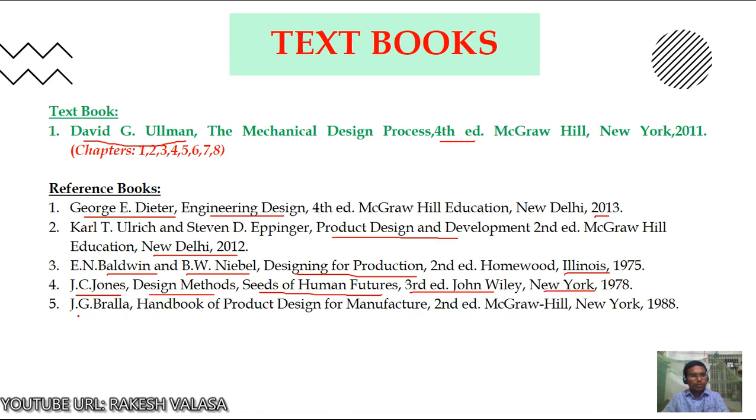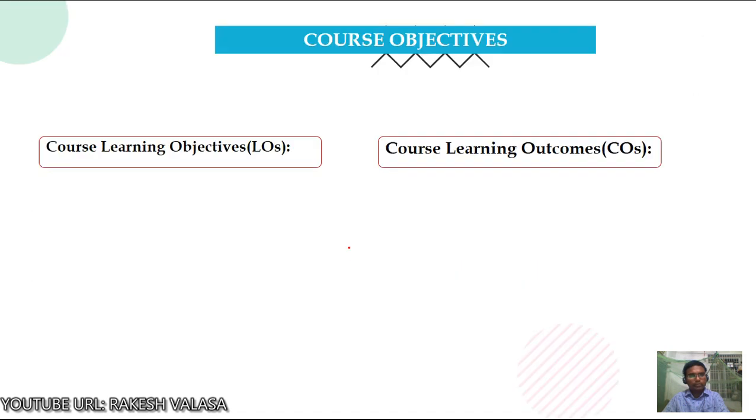The last reference book is J.G. Bralla, Handbook of Product Design for Manufacture, 2nd edition, McGraw-Hill, New York 1988. This is the brief discussion about units, textbooks and reference books.